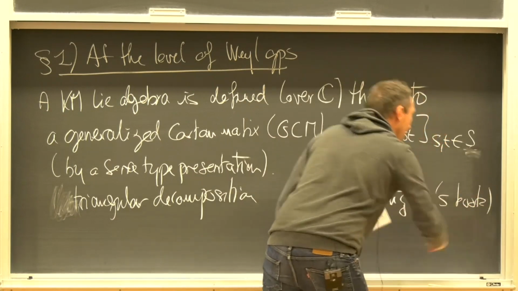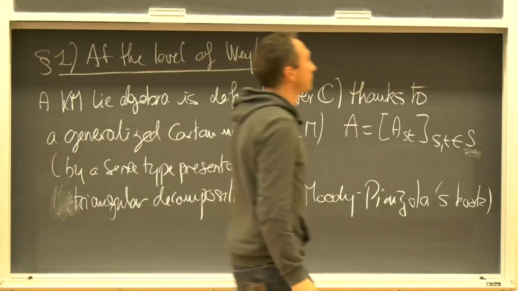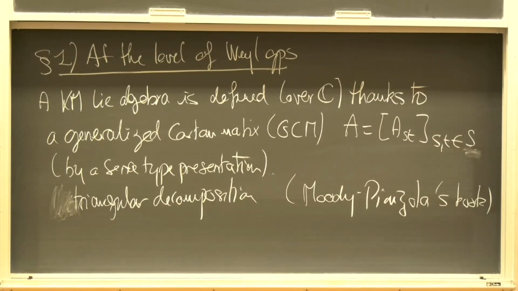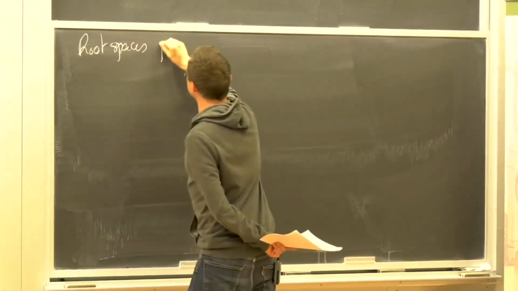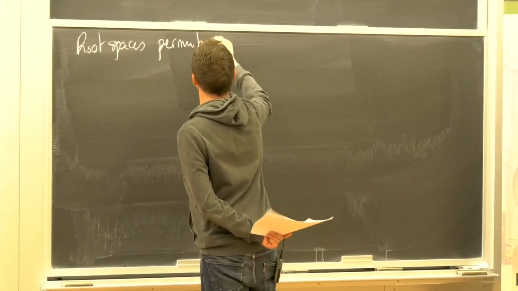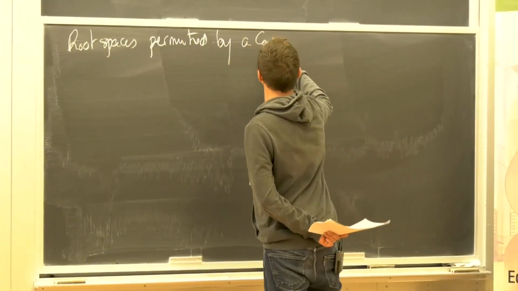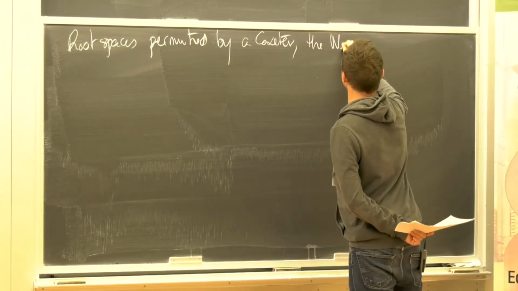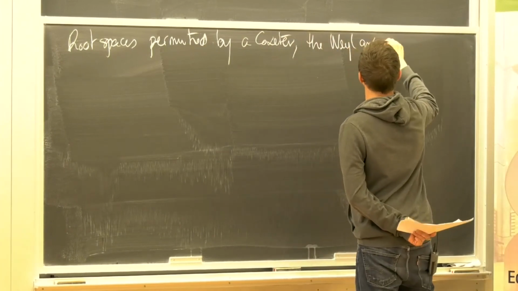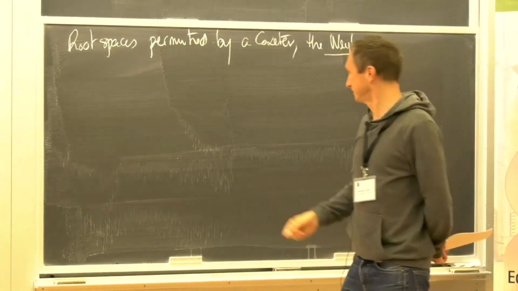And one of the important points is that we still have root spaces which are permuted by a Coxeter group, called the Weyl group, and there is a recipe to define this group.